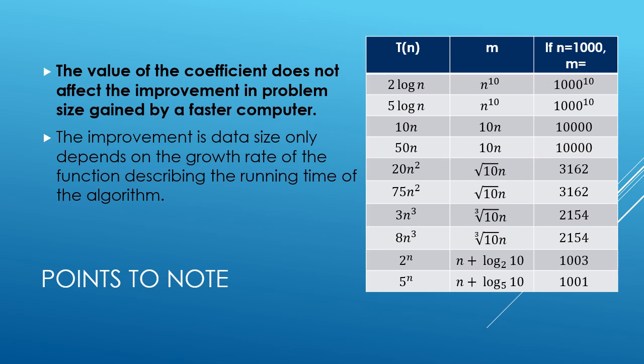The same thing happened for cubic functions. In geometric functions, there was a slight difference of value in the improvement of problem size. But again, the improvement was negligible and the slight difference was also negligible.